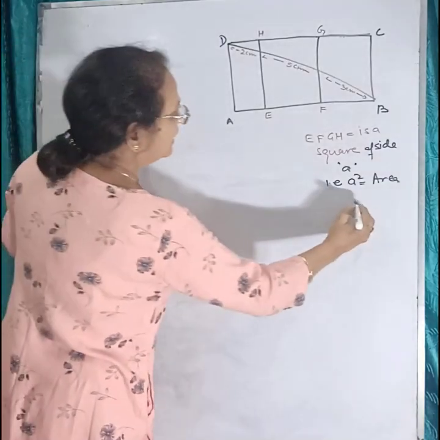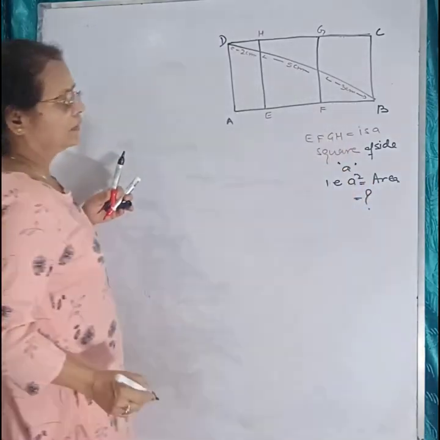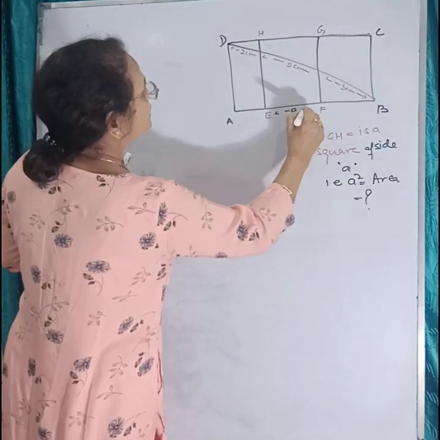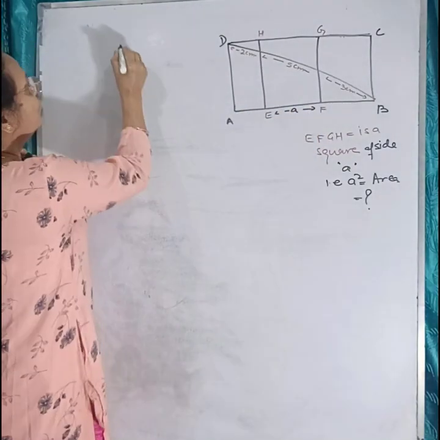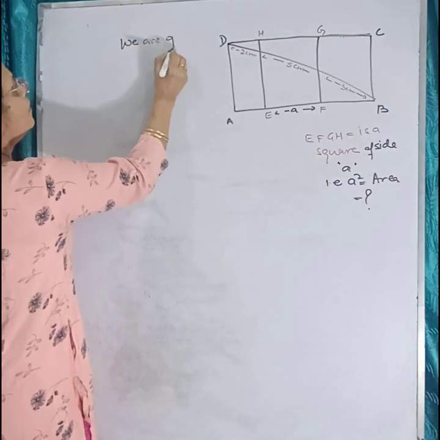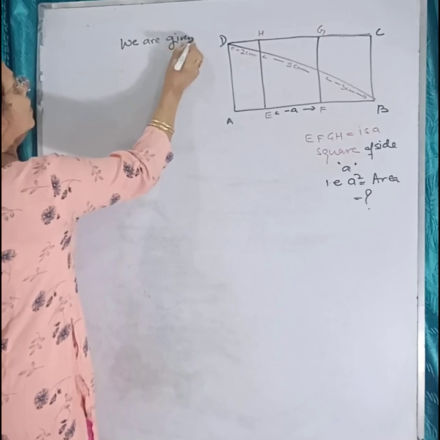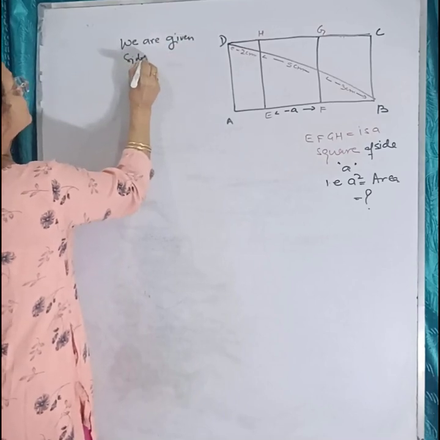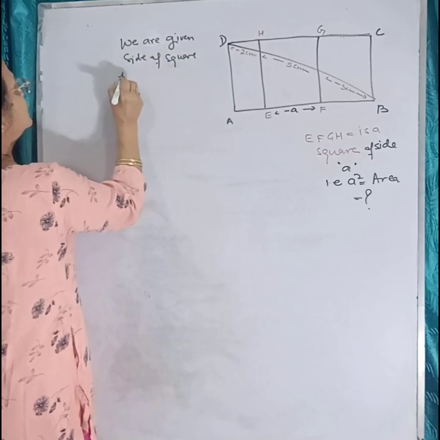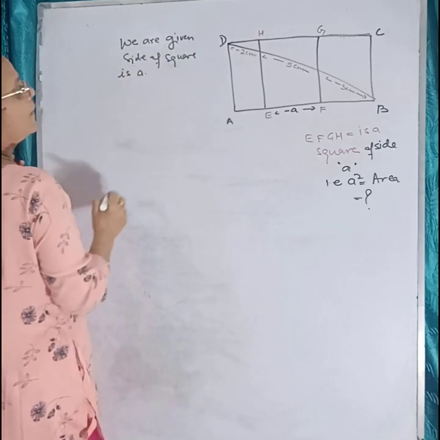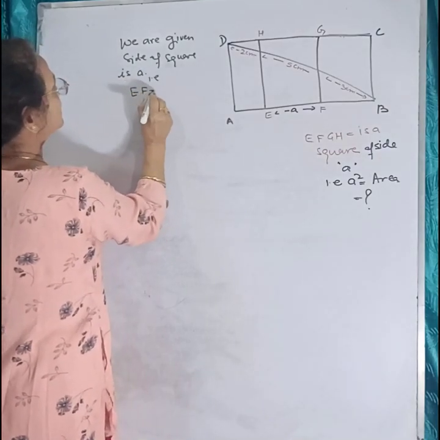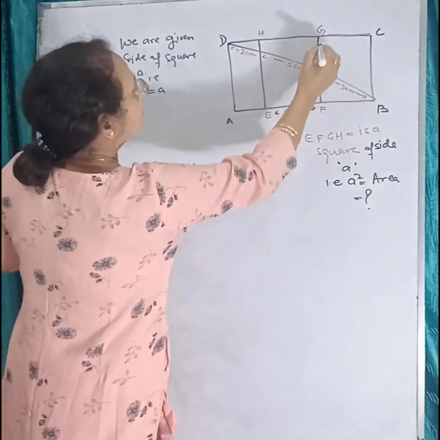ये हमें निकालना है. Area is equal to what? Area of the square. It means we are given this is equal to A. We are given क्या दे रखा है? Side of the square is A. It means EF, ये भी A हो गया.